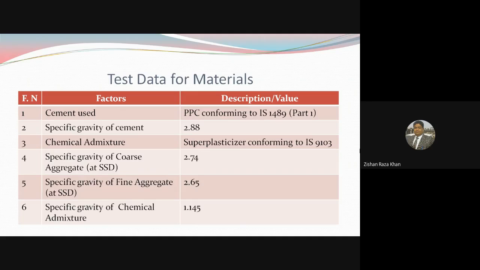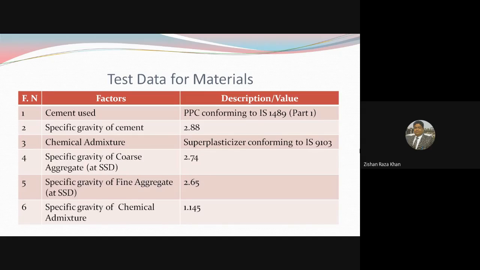Almost all cements lie near that, but in the actual mix design procedure, you can directly ask the client what cement you are going to use, and by reading the manufacturer certificate, you can find out the specific gravity of cement. You can also find it in the laboratory if it is not available.